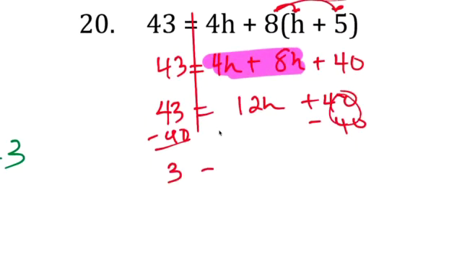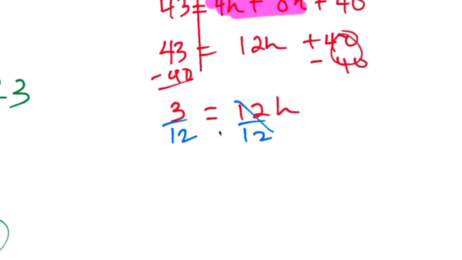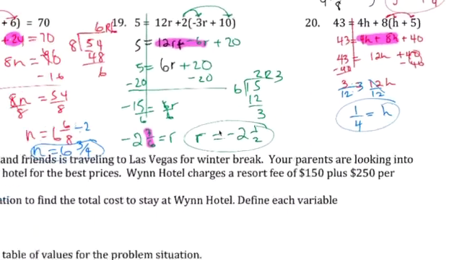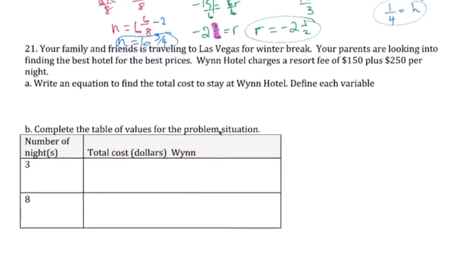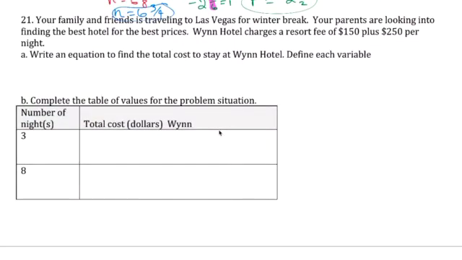You get 3 equals 12h. And then you divide by 12. h equals, simplify this, that means reduce. Divide them both by 3, you get 1 over 4. That's your answer. In some of my classes, we did this one here, and some we did not.